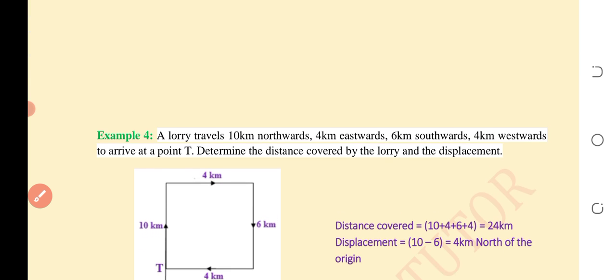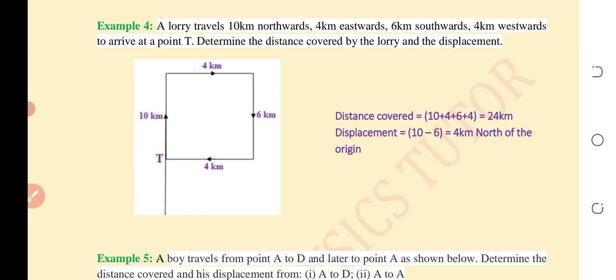We have one or two more examples. Okay, in example 4, we have a lorry that travels 10 kilometers northwards, 4 kilometers eastward, 6 kilometers southward, 4 kilometers westward to arrive at a point T. We have to determine the distance covered by the lorry and the displacement.